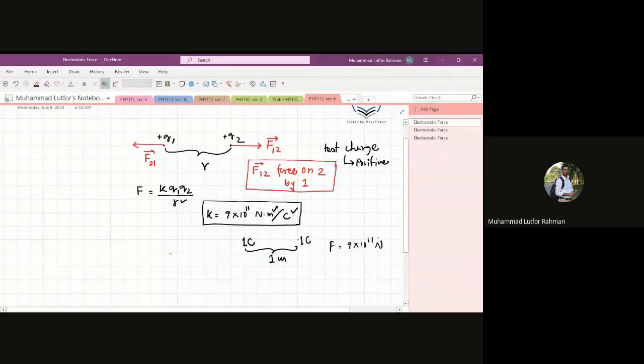That's the significance of this Coulomb constant. It's a huge amount of force, right?